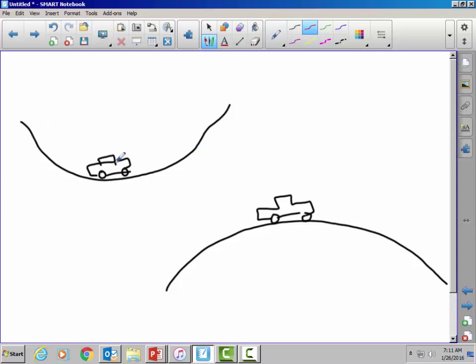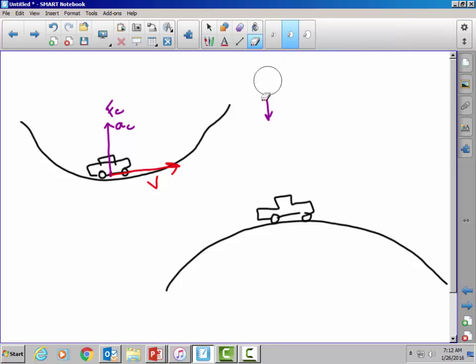So we've got a couple of things happening. The car has a velocity that's going this way, but its acceleration, remember, always needs to be pointed towards the center of the circle. So that means that it's experiencing a centripetal force towards the center of the circle as well. So let's draw a free body for this guy. This guy would have the weight of the car going down. But it also has a normal force, right?